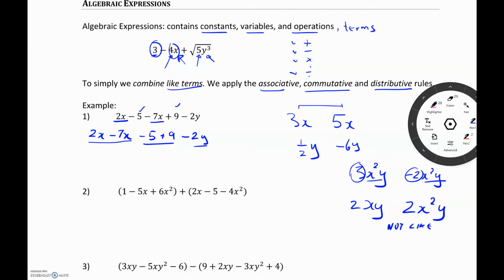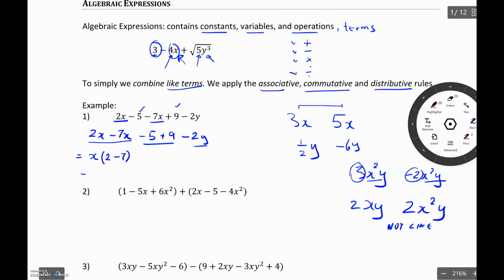Now, how do we combine these? Well, we know that 2 apples minus 7 apples is going to give us negative 5 apples. But how do we do that? I'm just going to do this for teaching purposes, but you don't have to in the future. You could factor an x out. Again, this is the distributive rule, but common factoring. We factor an x out, we're left with 2 minus 7.